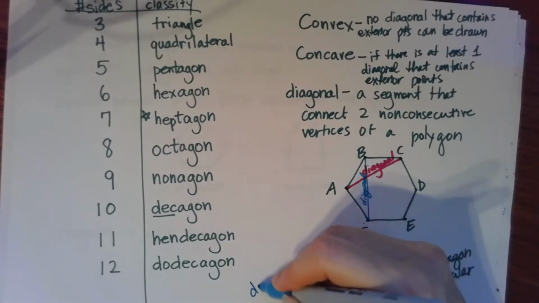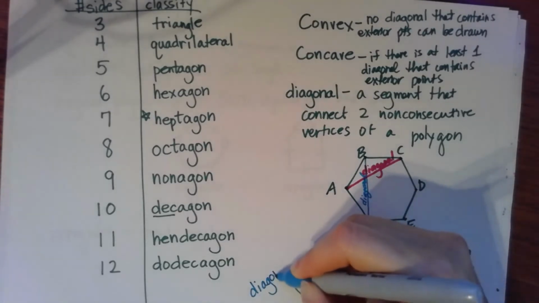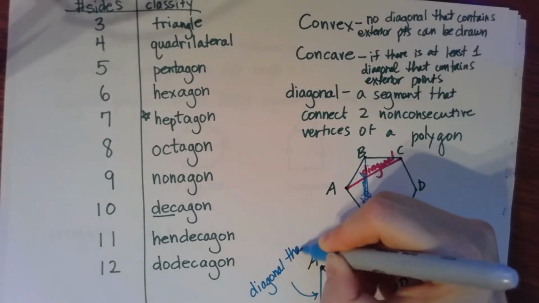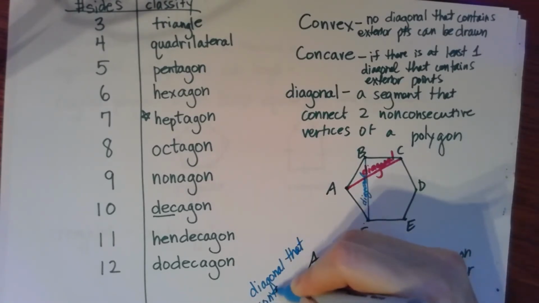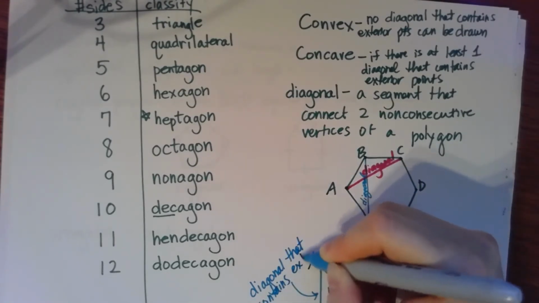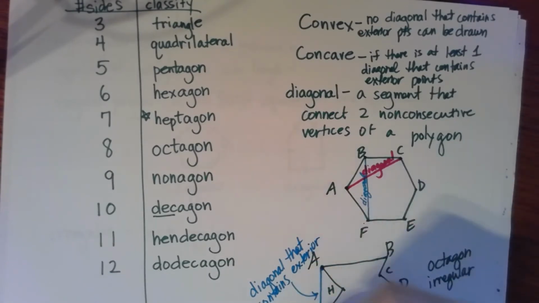This is a diagonal that contains exterior points. So since this contains exterior points, this one will be concave.